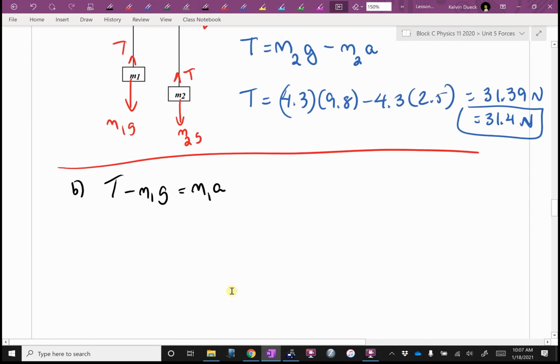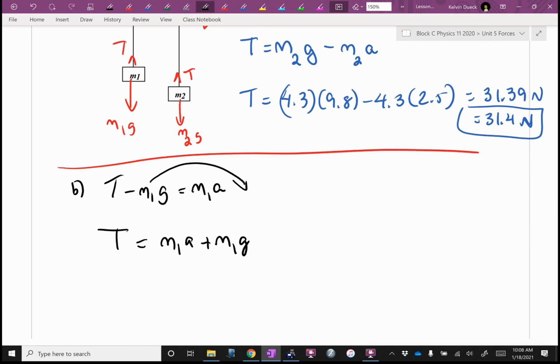Caleb, how many M1s do I have? How many would I prefer? Get them into the same side. I think here it's not going to be a swappy dance. I'm just going to plus the M1G to that side, and I'll get tension equals M1A plus M1G. How many M1s do I have? How many would I prefer?